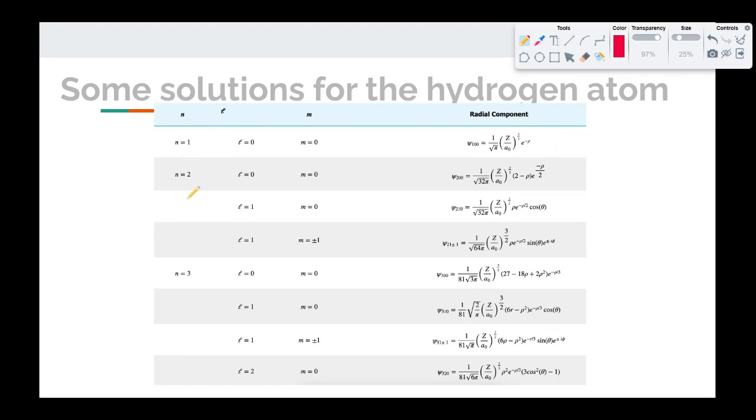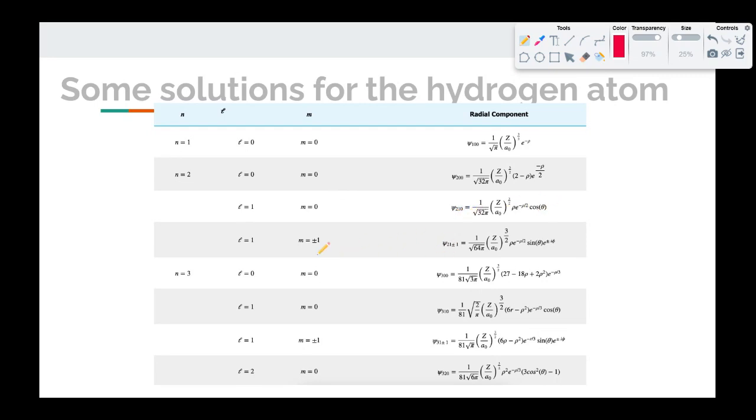But look at this. When n is 2, L could be 0, and then m could only be 0. So psi 2, 0, 0, that's another solution. Now when L equals 1, m could be 0, or it could be minus 1, or it could be plus 1. So now we have psi 2, 1, 0, that's one solution.